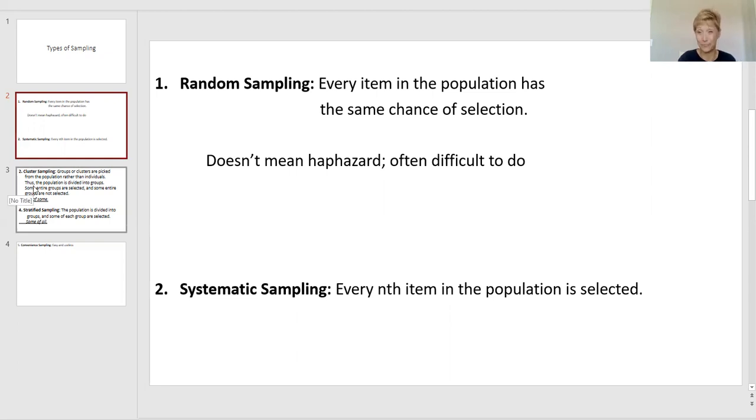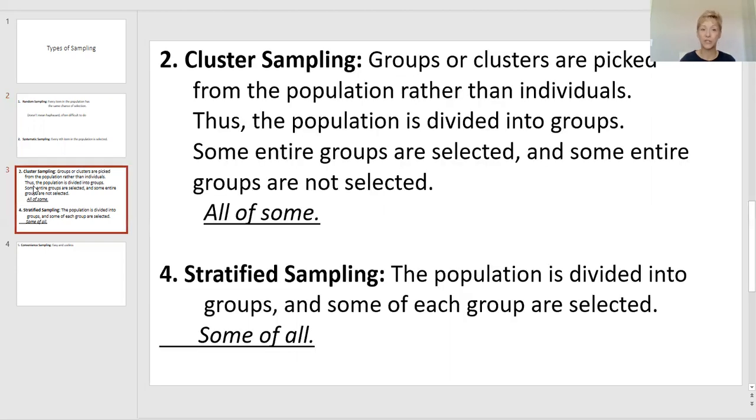And these are the two that people tend to get confused: cluster sampling and stratified sampling, because both of them involve groups. Okay, so with cluster sampling, the population is divided into groups, and then groups are picked, not individuals. Okay, so think about a cluster of grapes.